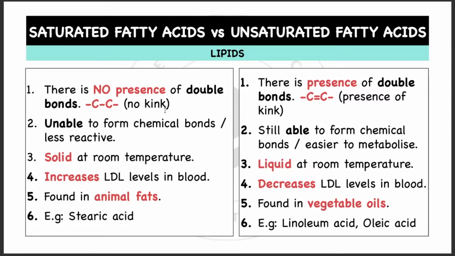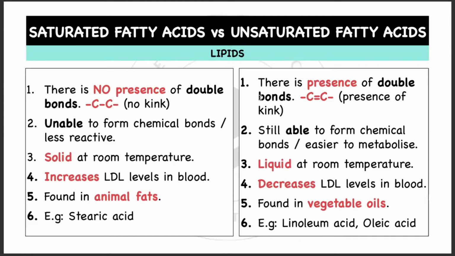Now, because for saturated fatty acid, there is no double bond, there is no kink in the chain. And by kink, actually, when there is double bond, okay, is when there is a kink. What happens is actually this double bond will prevent the chains from actually packing themselves too close together. So this kink here is important because this will lower the temperature at which lipid melts.